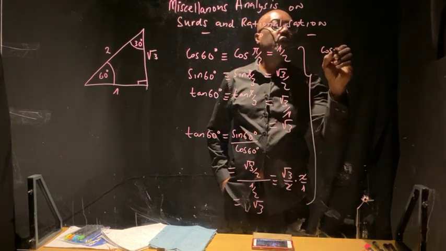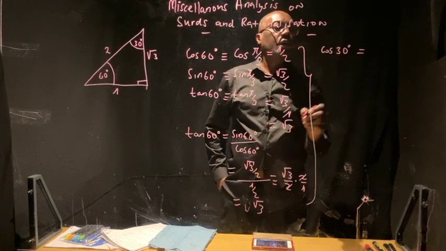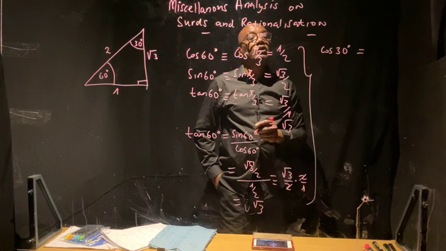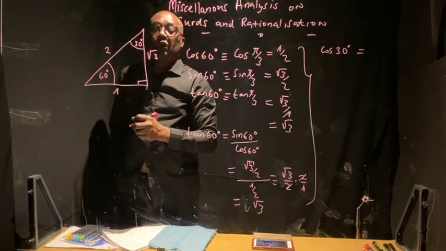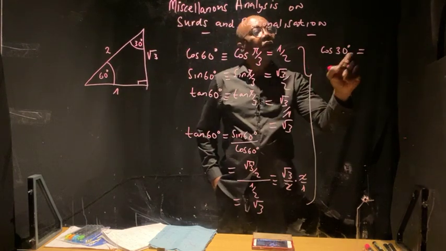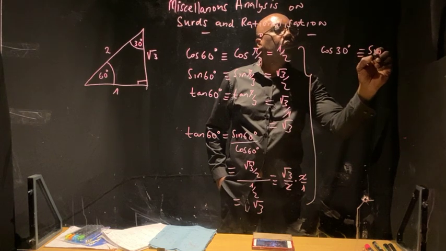Therefore, cos 30, because cosine angle and sine angle are complementary to each other, so cos 30 is identical to sine 60.